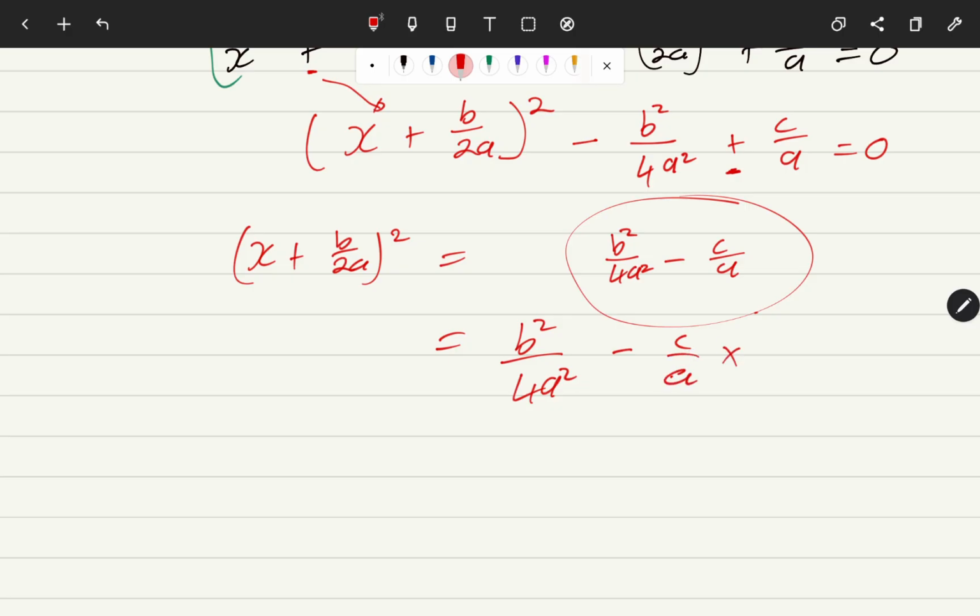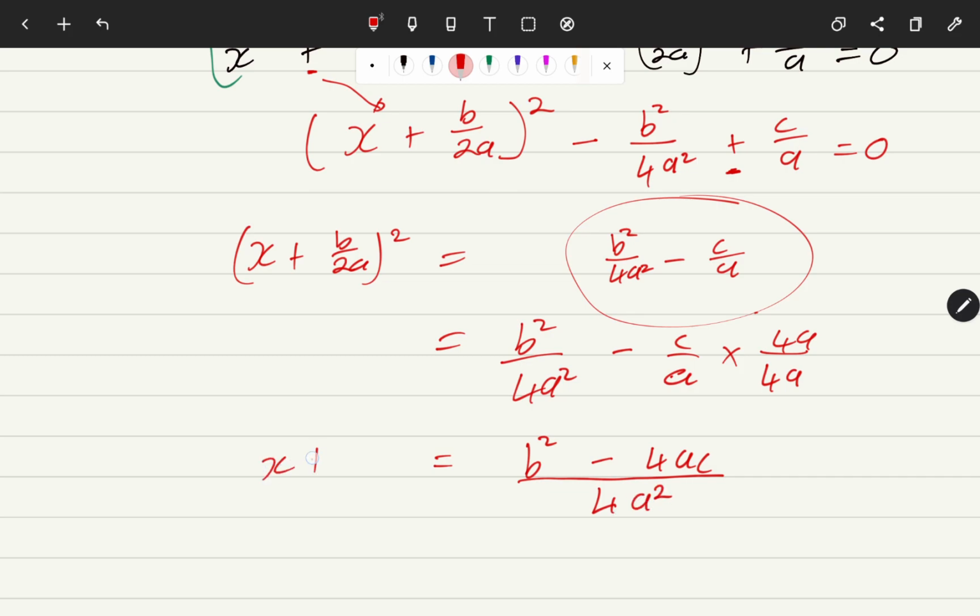I'm going to multiply this c over a by 4 and a, so that my denominators are the same. So I end up having b squared minus 4ac, and my denominator, I have 4a squared, right?